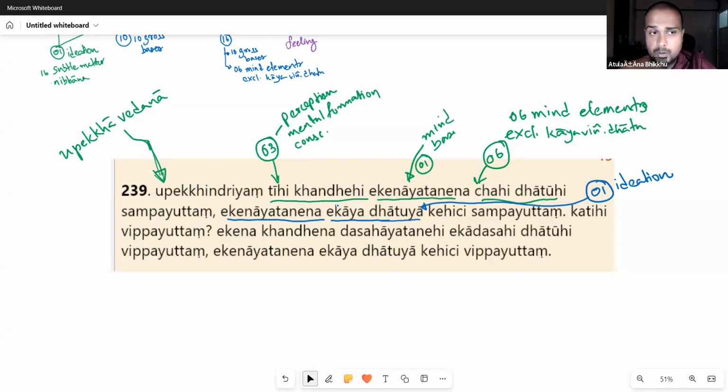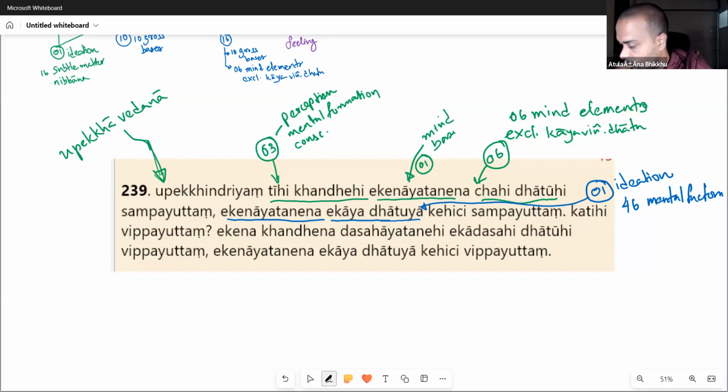Now the upekha vedana, the equanimity feeling, is associated with 46 mental factors. So what are those 46 mental factors? We have to deduct some of those mental factors which do not arise with the consciousness with the equanimity feeling.